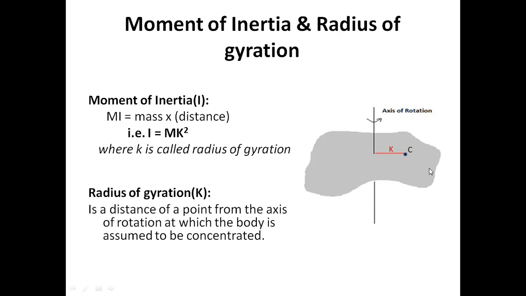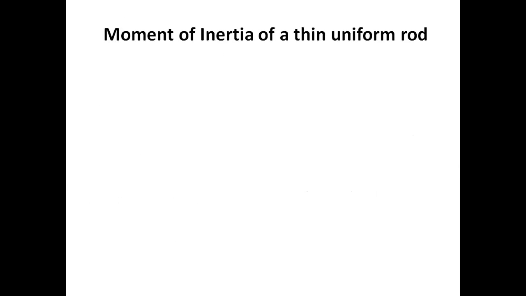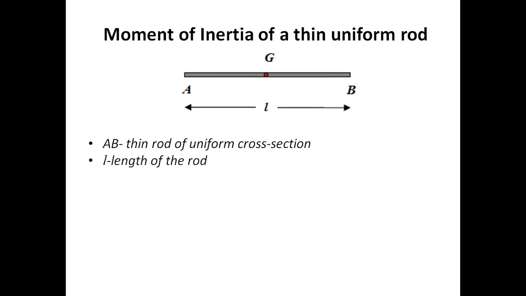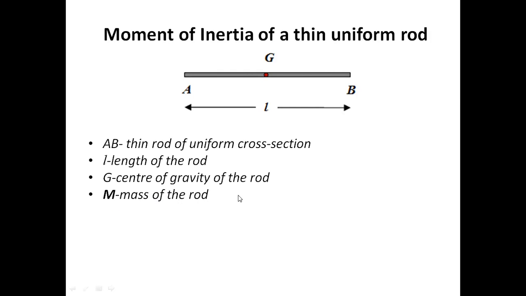Knowing the moment of inertia and radius of gyration, now let us calculate the moment of inertia of a thin uniform rod. Let AB be a thin rod having a uniform cross section and length L, let G be the center of gravity of the rod, and let capital M be the mass of the rod.